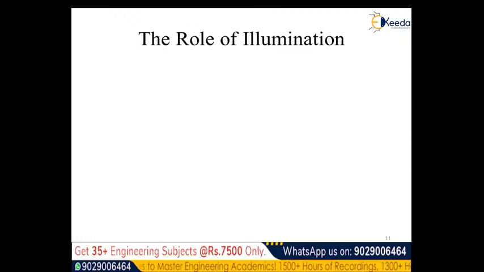Based on the type of the source illuminating the objects in the scenario, we have two types: passive and active. When we have the source with us, that is active. When we don't have the source with us, that is passive, and mostly it is of the optical type because the sun is the natural source of illumination.